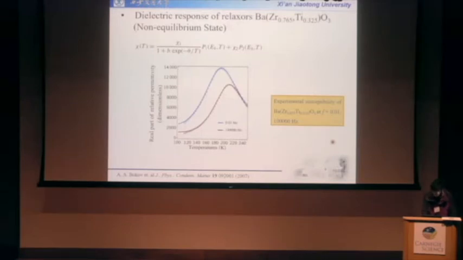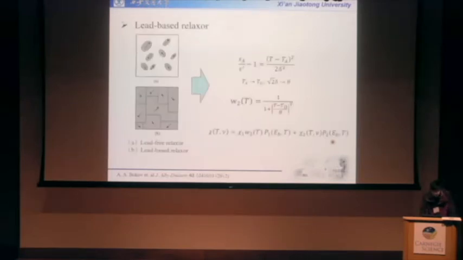Okay, now we come to the second part. For lead-based relaxors, we noticed that it's much different from lead-free relaxors, because BZT possesses PNRs which are separated by Zr-rich regions, while lead-based ferroelectrics have lead-driven dipoles across the system.